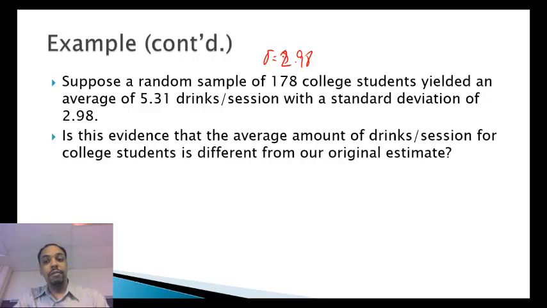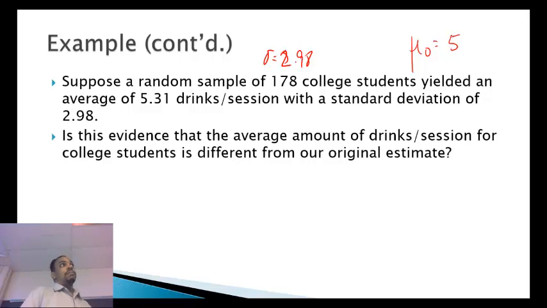Okay. So remember way back when, like on Wednesday, we guessed that maybe, just maybe, the typical person has about 5 drinks. I collect some data, I get 5.31. In your opinion, does that sound like enough evidence to reject the null hypothesis?